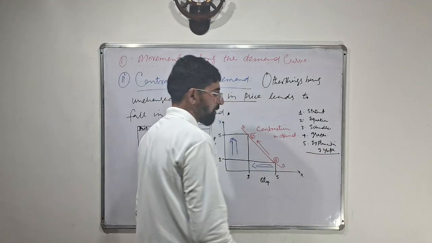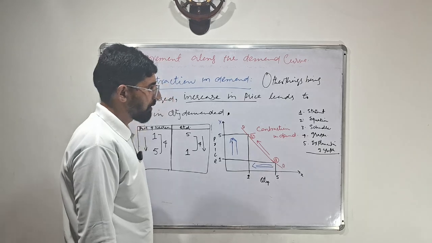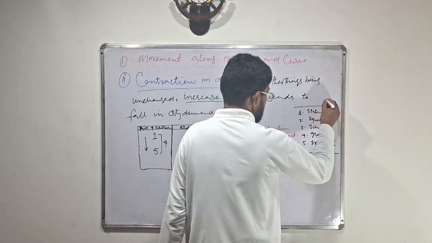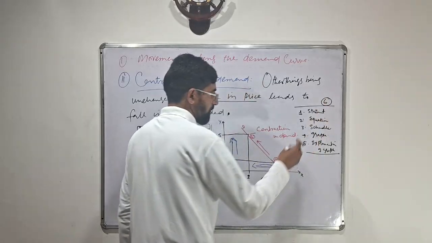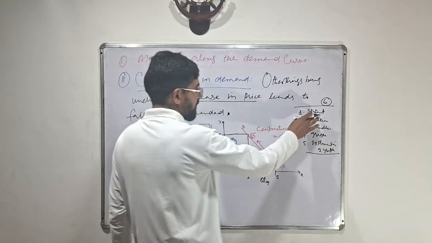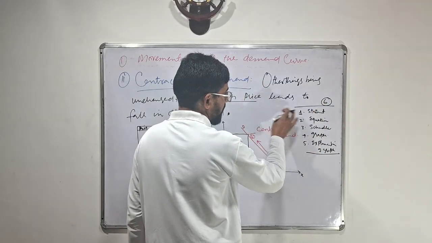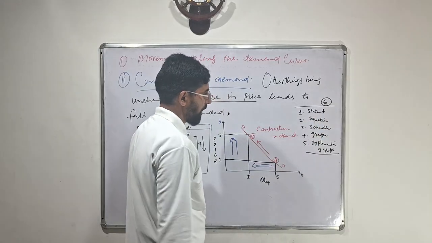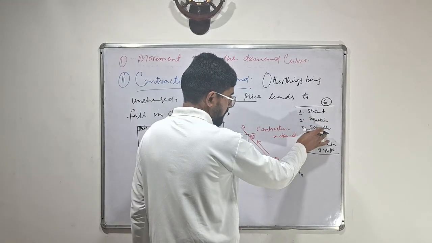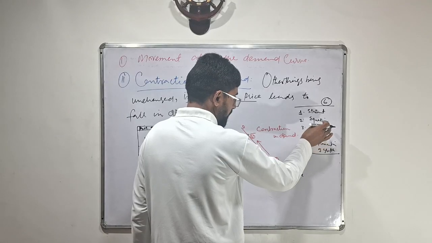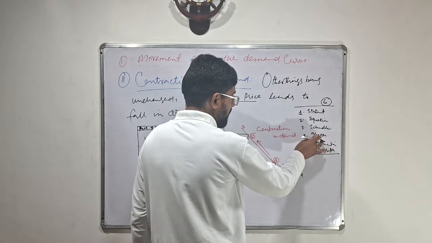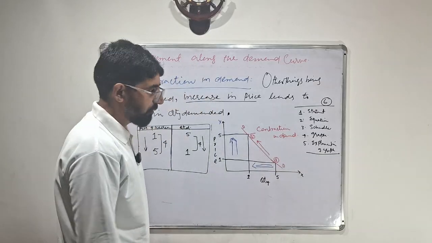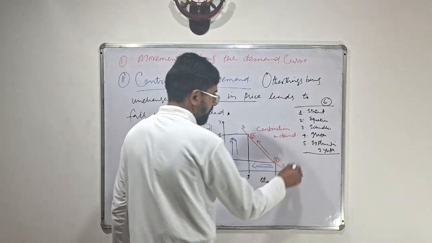These steps you have to follow in economics. If you have a six mark question, definitely you have to write these. First, the statement, what we call demand. Its equation, Dx is a function of price. After this, the schedule, and on the basis of the schedule you draw the graph. On the basis of the graph, you give the explanation. When you complete these 5 steps, then your question is complete.